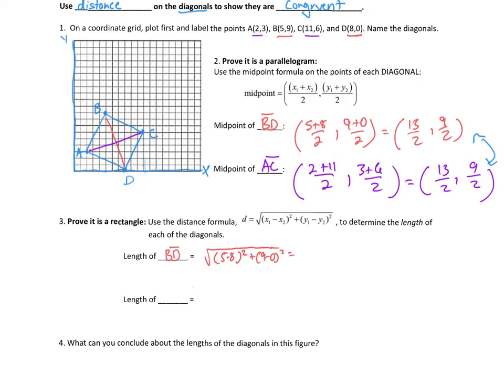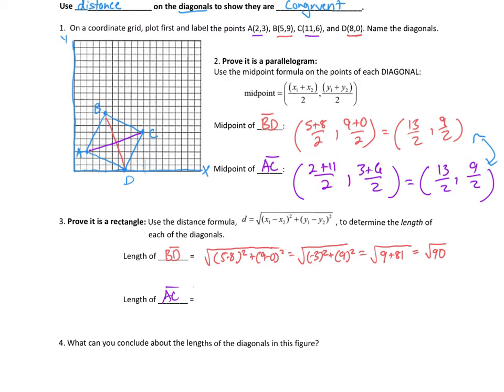That gives me negative 3 squared plus 9 squared, which is the square root of 9 plus 81, which is the square root of 90. I don't need to know the exact decimal for that because I just want to check to see if the other one, AC, is the same.